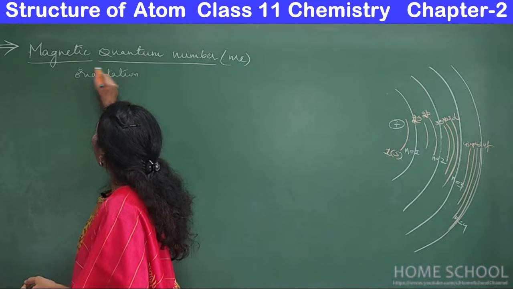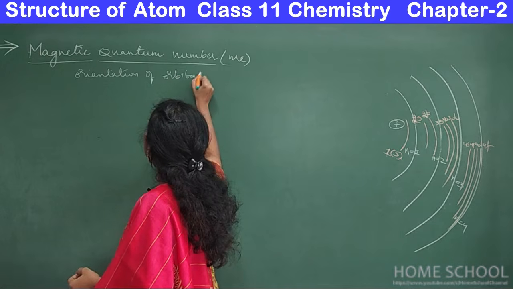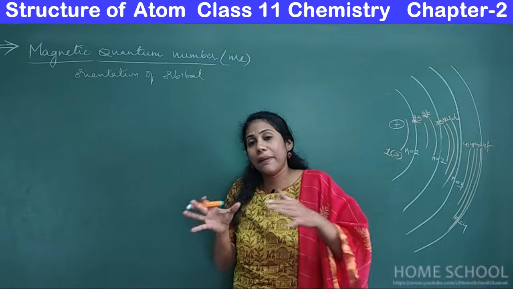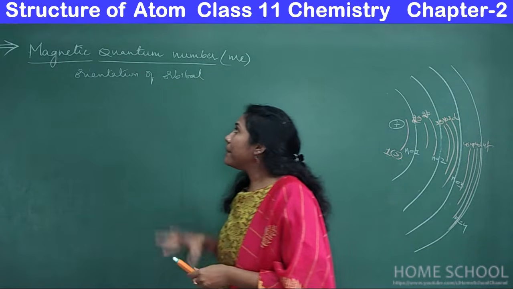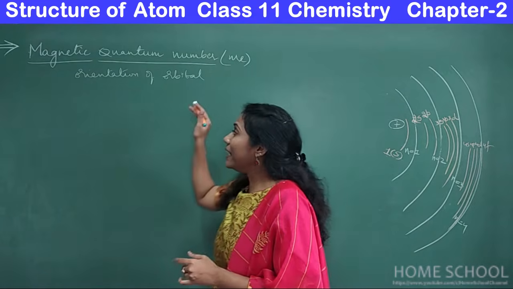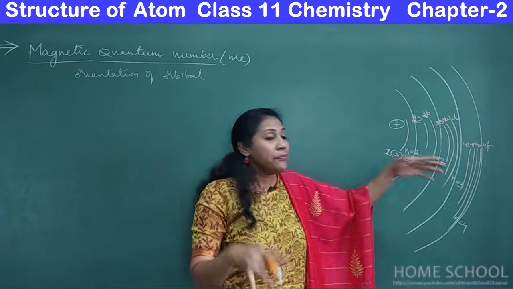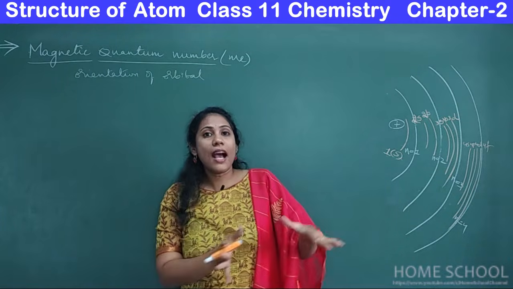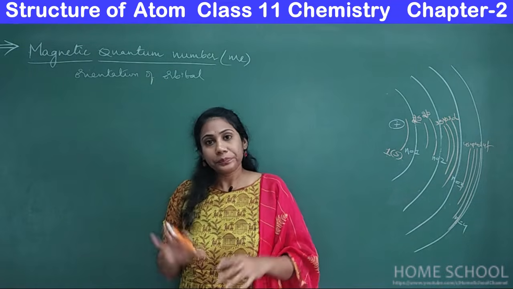What do we mean by orientation of the orbital? An orbital can be directed in a particular direction. So the magnetic quantum number will tell you how many orbitals are present in every subshell and the direction of the orbital.